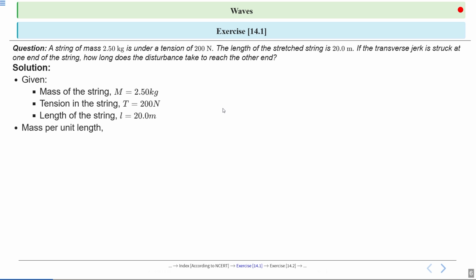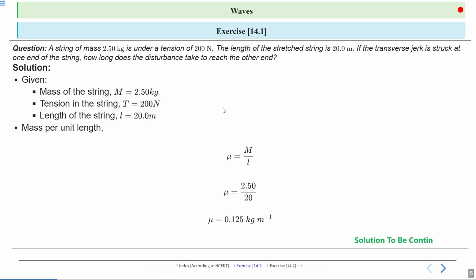Mass per unit length, that is mu equal to m divided by L. We know the value of m and also the value of L, so just put the values of mass and L. You will get the value of mu, so it will be 0.125 kilogram per meter.